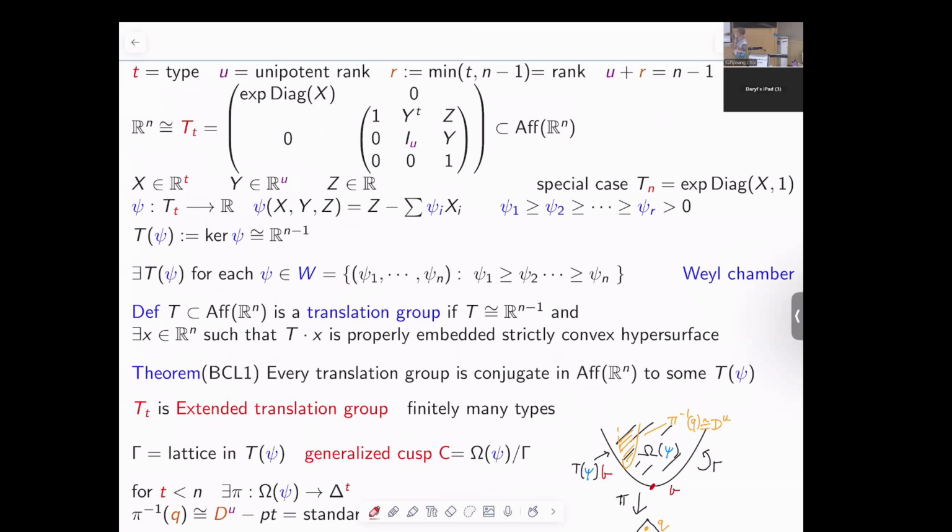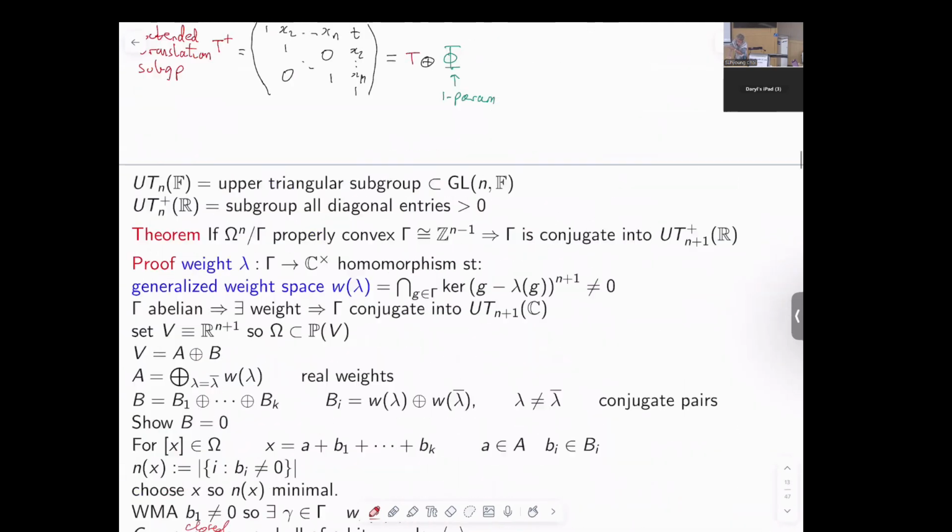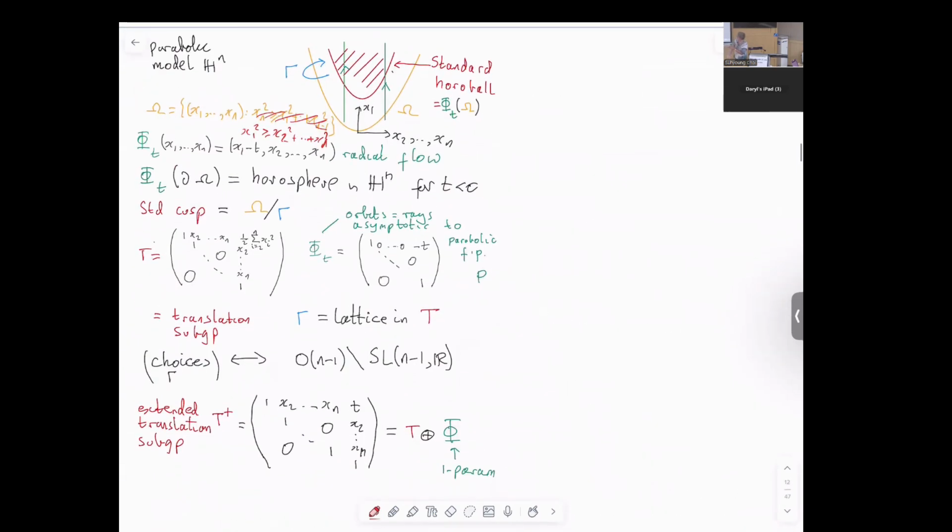So in the special case of type 0, this thing in the top right corner isn't here. You've just got this. And this block here is what I call the extended translation group for hyperbolic geometry. So the group of parabolics is where this entry in the top right corner depends on these entries along the first row. When you throw in this extra one-parameter group, you get this bigger group of one dimension bigger, where this can be anything.